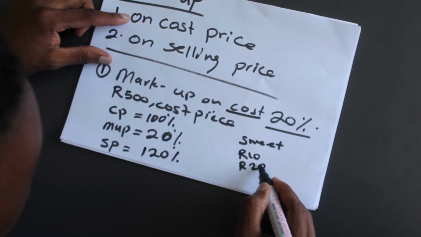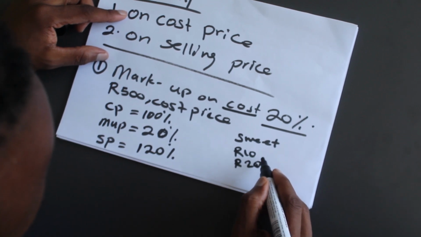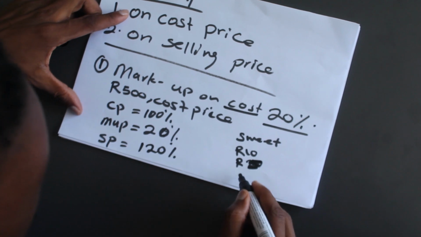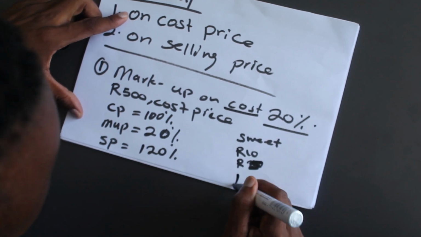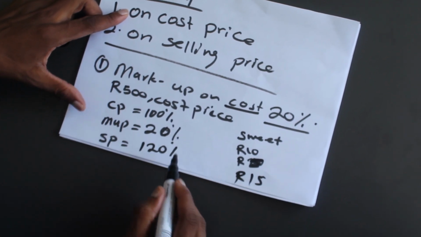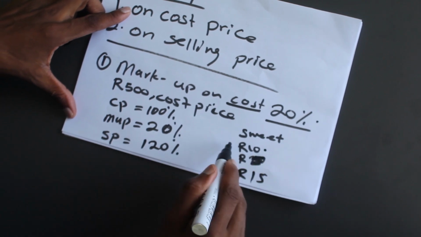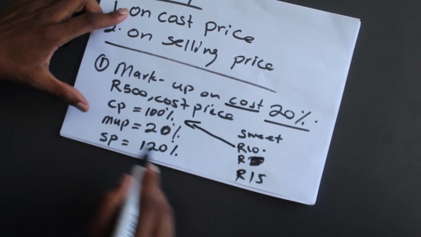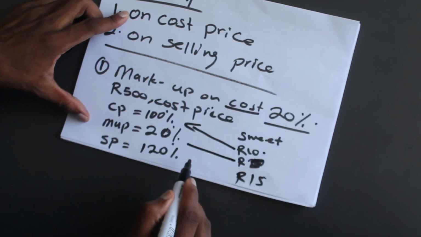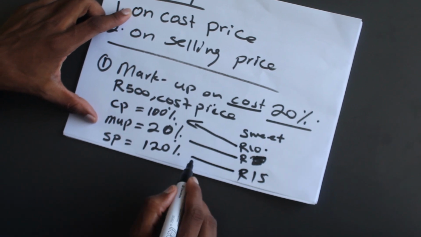This is the cost price of the sweet, 10 rand, and you're going to add 5 rand as a profit, and then you are going to sell that sweet for 15 rand. If we are using this example, therefore your 10 rand of cost price is equal to 100%, your markup, which is your profit, is going to be 5 rand, and your selling price 120 is equal to 15 rand.